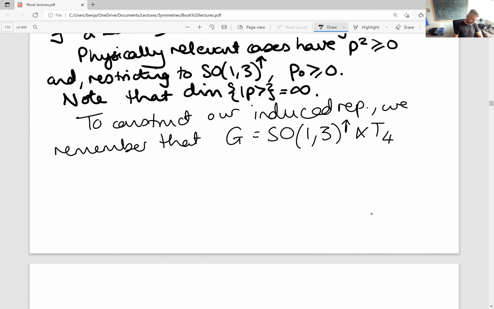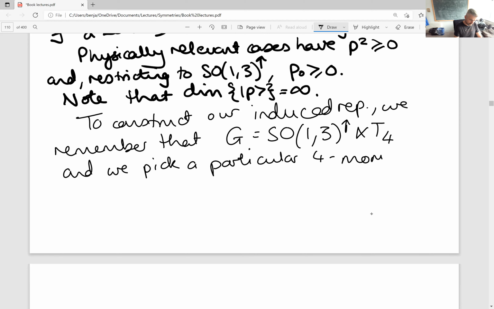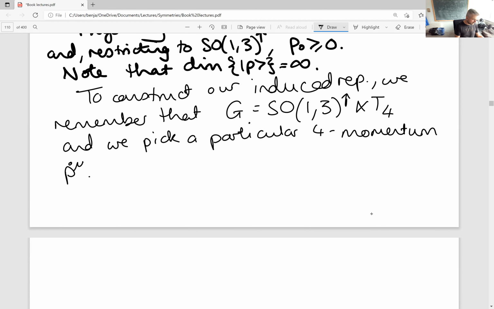And we need to pick a subgroup, and we do that by picking a particular four momentum. I'm going to call that P dot mu. The dot is just a label for a particular four momentum. It does not indicate any derivatives.